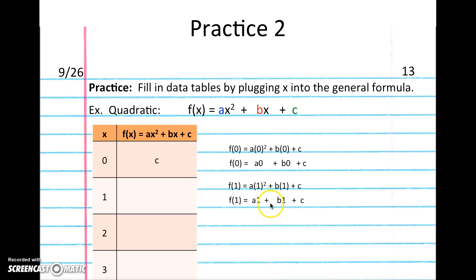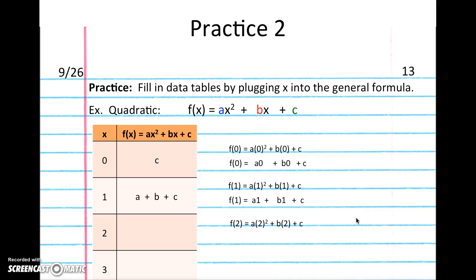And a times 1 is just a, and b times 1 is just b, so after I simplify, I have a plus b plus c, and that's going to go in here. Again, all I'm doing is writing in the data table what I get after I plug in my value for x and simplify the expression.